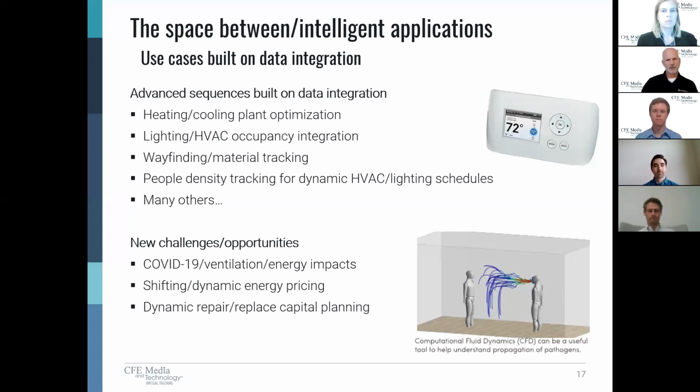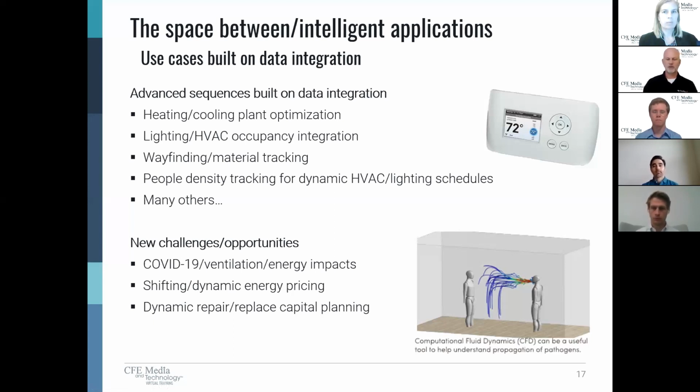The other thing that we're seeing developing is solutions that would look at the number of people dynamically that might be in a space and adjust ventilation and lighting to that data as that data is made available. Some of the challenges, we talked about COVID-19 and the challenges that's presenting to all owners. How do I adapt my systems?